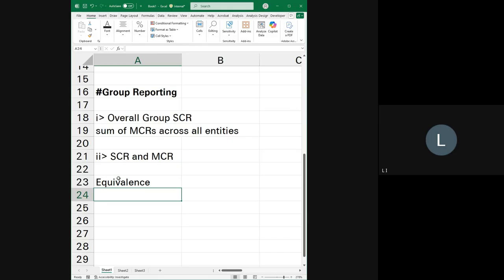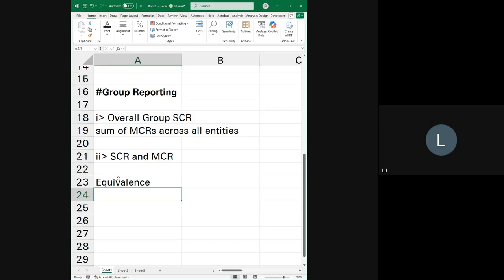Only then will they be granted this equivalence tag. Why is this equivalence tag important? Because then that local legal entity will not have to calculate the MCR and SCR based on Solvency 2 when doing group reporting.